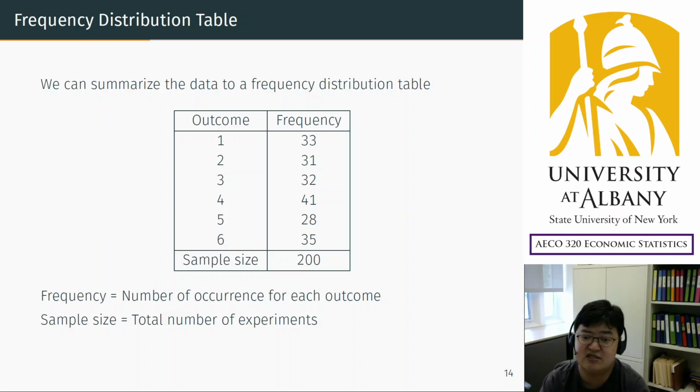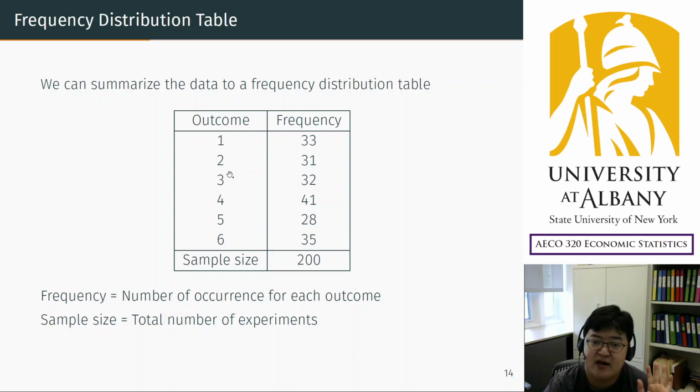So frequency is the number of occurrences for each outcome, the count of each outcome, and the sample size again is the total number of the experiments, which should be equal to the sum of all frequencies, right?